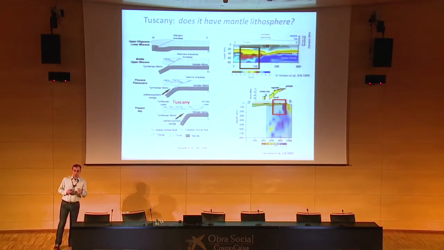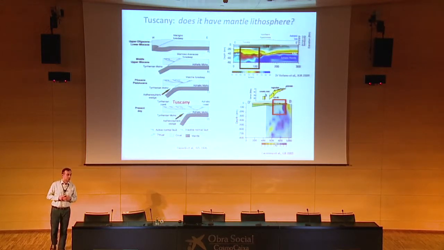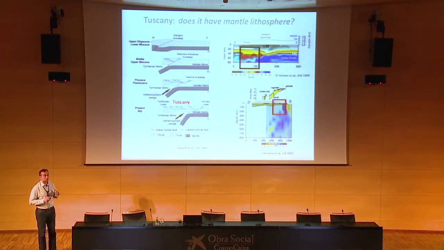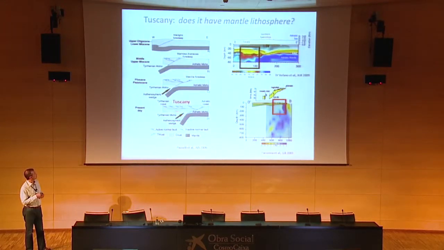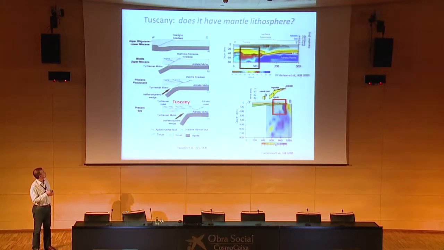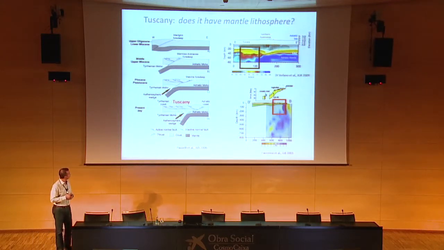Now, an interesting question about Tuscany, about its lithosphere, is first of all, is there any lithosphere? And by that I mean mantle lithosphere. If you make this piece of new crust by stacking blocks of continental crust during the continuous subduction of mantle lithosphere, what happens inevitably is that the mantle lithosphere is separated from the crust, and the new crust that you form and deform does not have any mantle lithosphere attached to it.